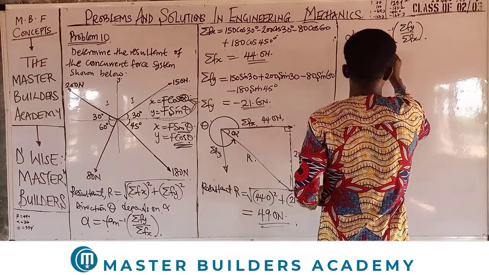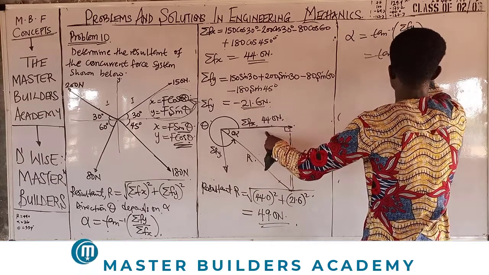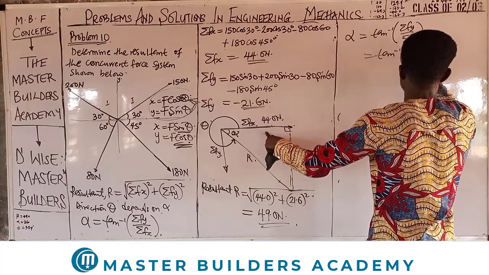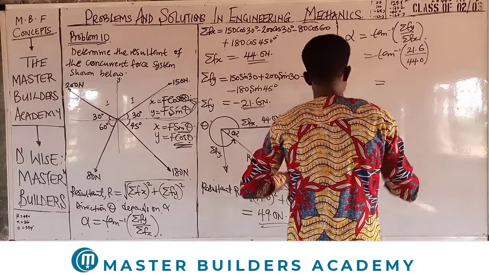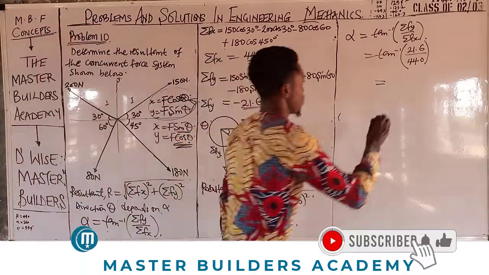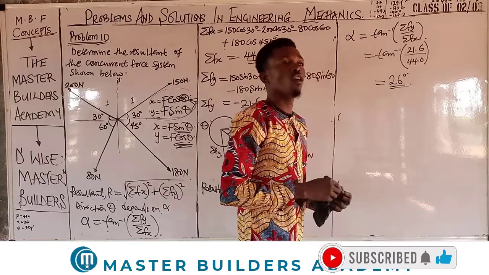And this becomes tan inverse of 21.6 all over 44.0. And when you find the angle of this, you will have 26 degrees. So this gives us an approximate value of 26 degrees.